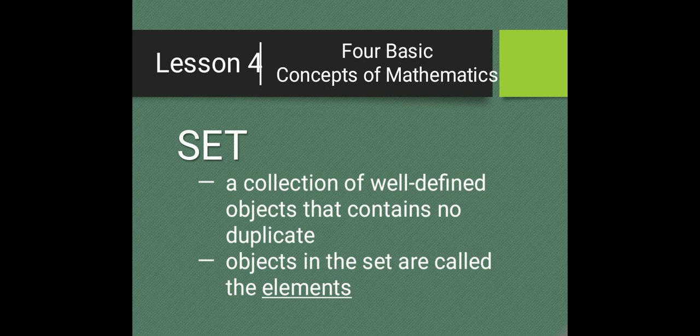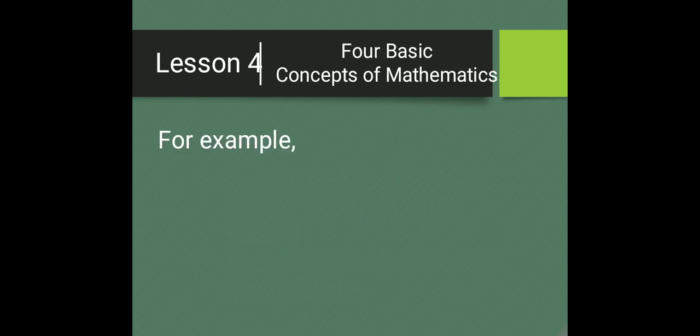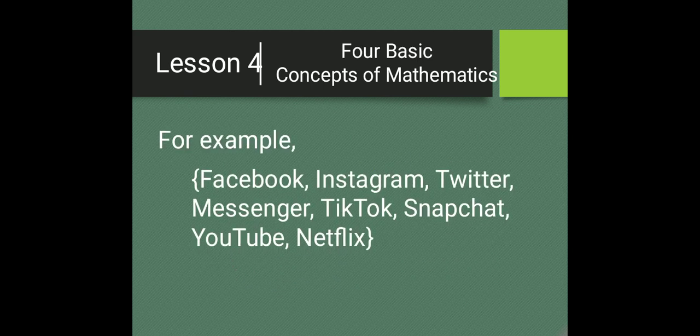So, if we have the set of students in a university, yung mga students is yung object ng set. So, ang tawag sa mga students ay elements. So, again, yung tawag sa mga objects ng set ay elements. Okay, say for example, this one, we are so familiar with this.